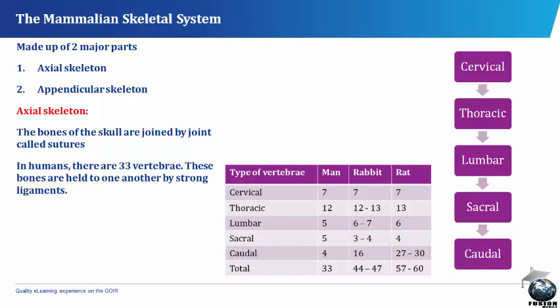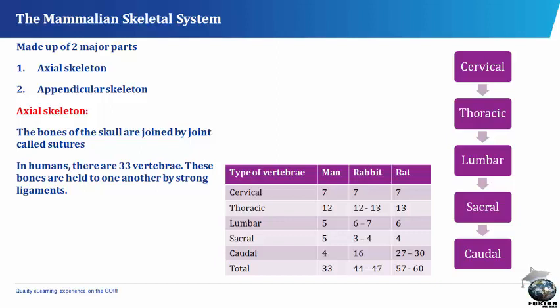The regions include cervical vertebrae, thoracic vertebrae, lumbar vertebrae, sacral vertebrae, and caudal vertebrae. The cervical vertebrae are found in the neck region.